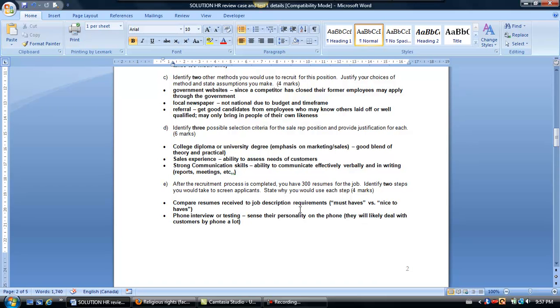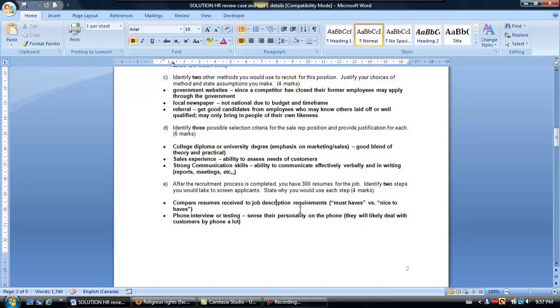And those who don't meet those minimum requirements would be screened out. Right? The other thing you want to be careful of here is that you don't, what we say, overhire. So in other words, you don't want to take people that are overly qualified, because you may spend time with them as part of the selection process, and then you might find out at the end, if you make them an offer, they may not accept it because they're overqualified for your job.